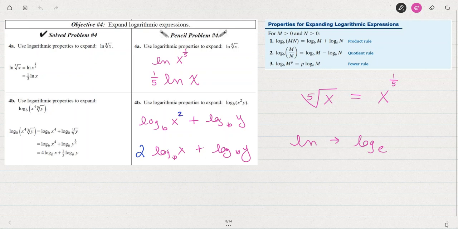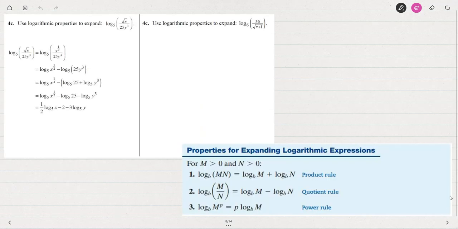Let's look at number 4c. We could expand log base 6 of 36 over the square root of x plus 1. And to start with, let me rewrite that radical.